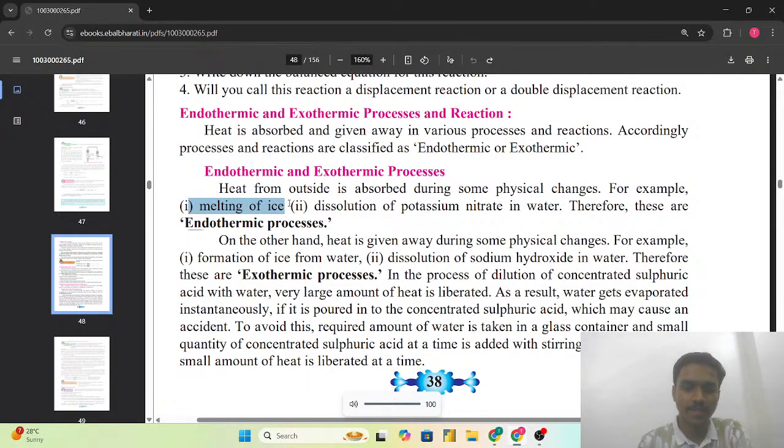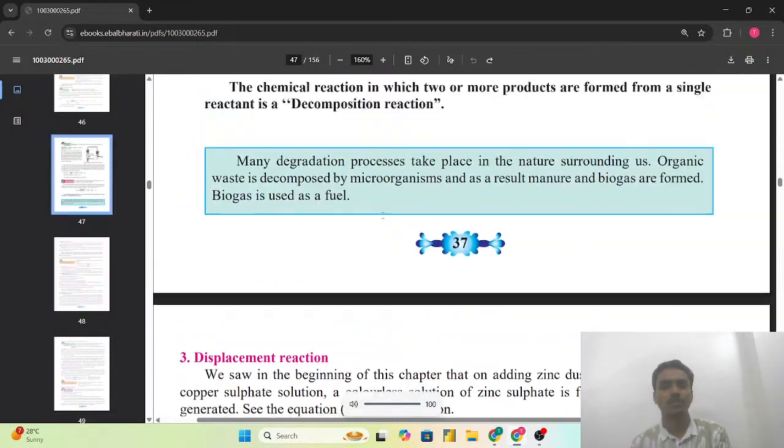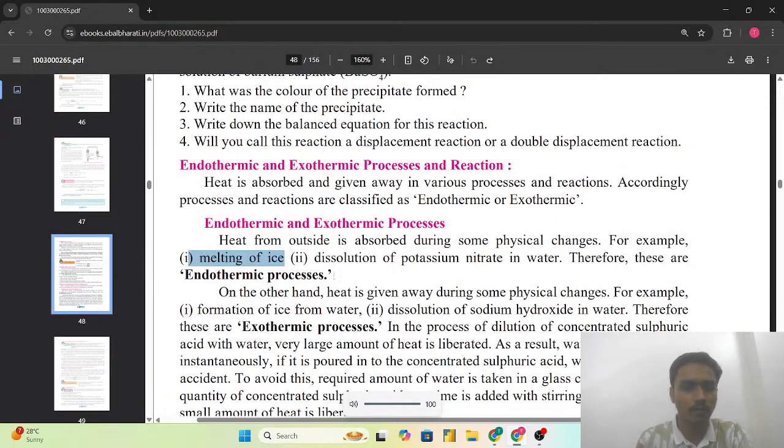breaks the bonds, and that leads to the formation of the new product, as we have studied in the previous part about the formation of new ionic and covalent bonds. So after providing heat, the heat will be absorbed by the ice cube, which leads to the formation of water. This type of reaction we can say is an endothermic reaction.